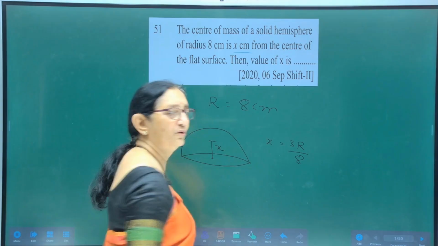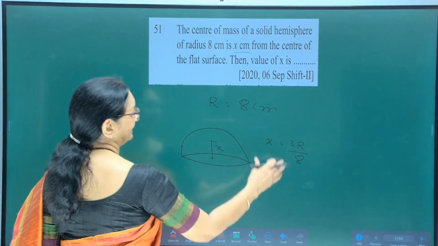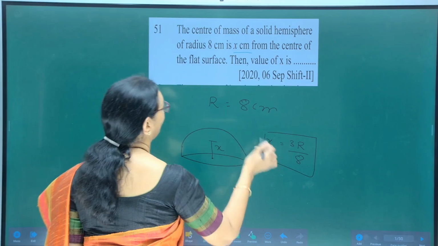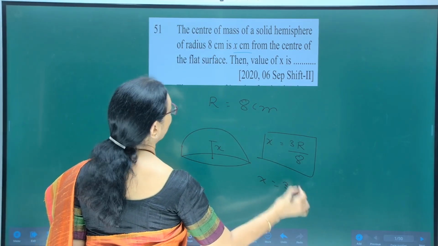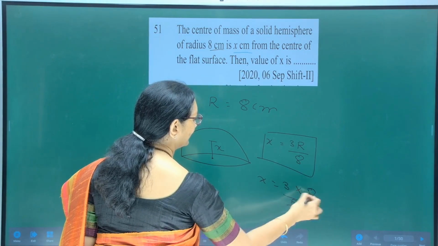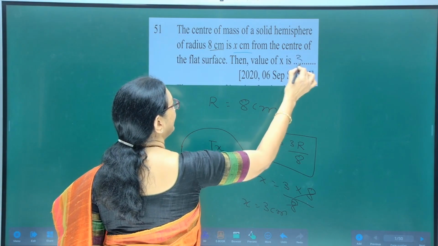You just go through the synopsis part of center of mass. We had that derivation already. From this derivation, x is equal to 3r by 8, r is given as 8 centimeters, so x is equal to 3 centimeters. So, that is the answer.